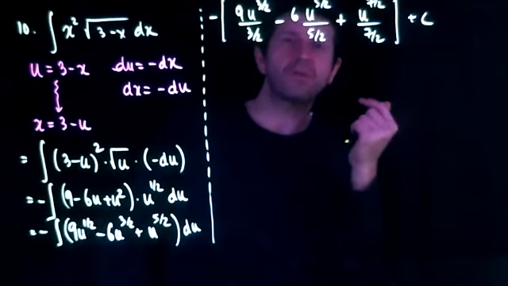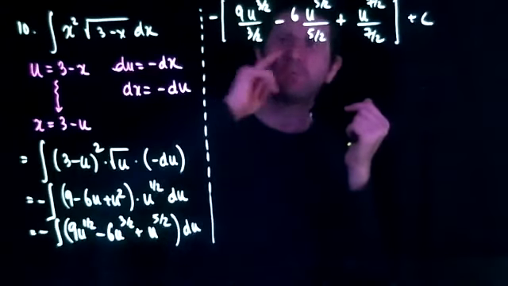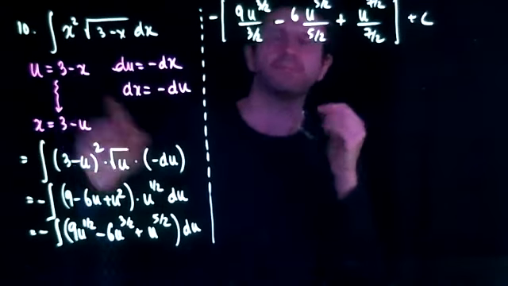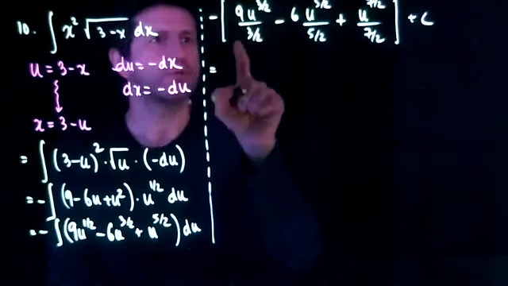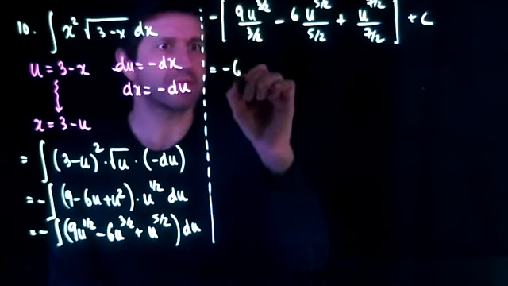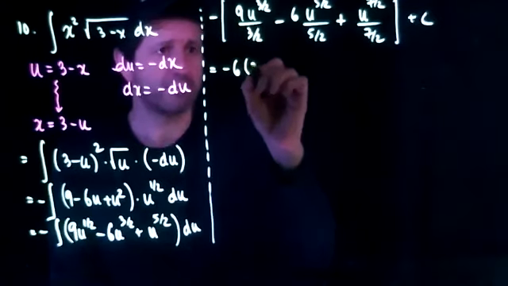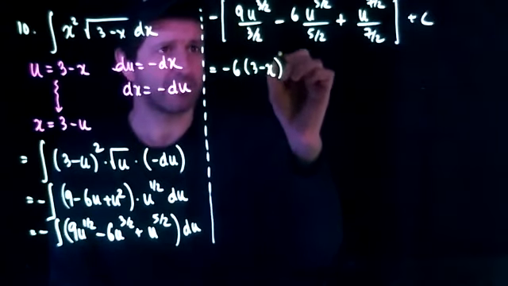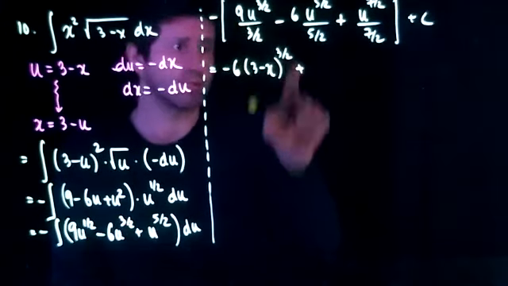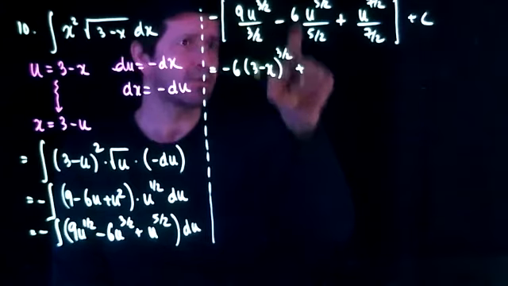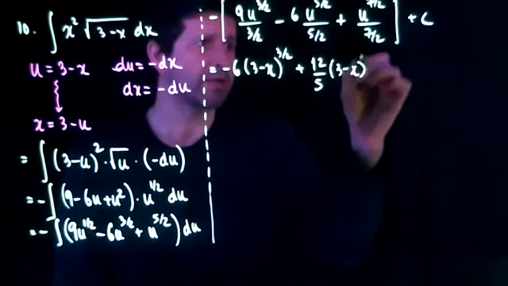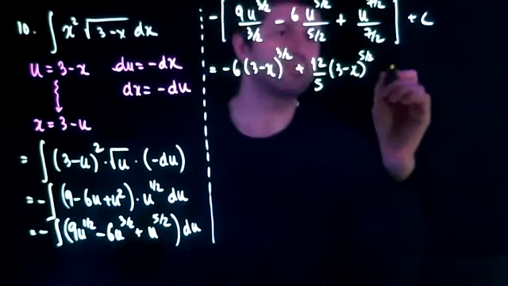Okay, that's it. The only thing left to do is to rewrite u as 3 minus x, and I'm done. So this will be 9 times 3 over 2, so negative 6 times (3 minus x) to the power 3 over 2, minus, so it's plus 12 over 5 times (3 minus x) to the power 5 over 2.